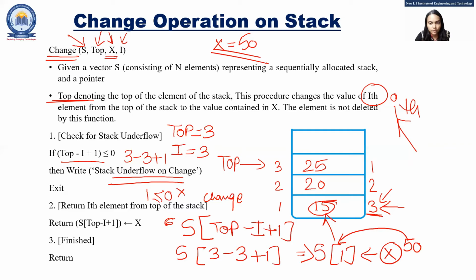So instead of this 15, now we have 50, right? So we have done peep also, and then once we got the index element, we replaced that element with the value which is there in X. So this is how we can change any value in the stack, right? We need to understand the equation is top minus I plus 1. And the third step is finish. That is, if we implement it, we need to return the value in the main function.